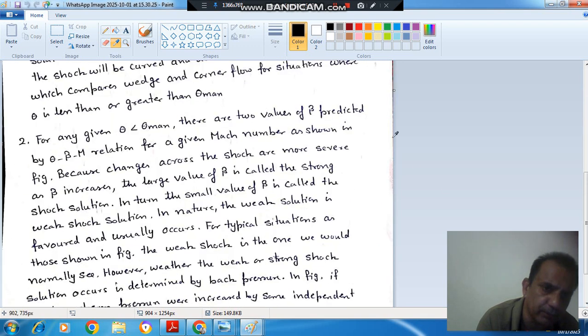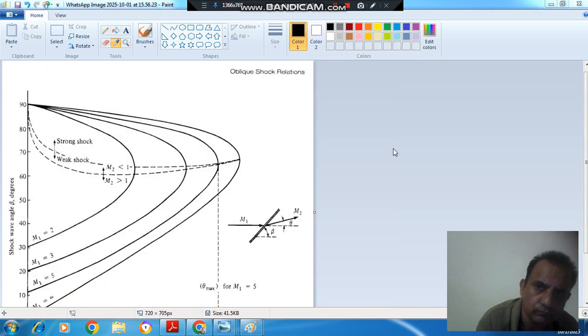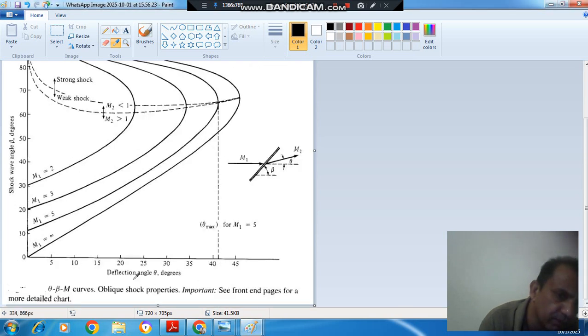Now in the second point, if we take a particular value of theta, suppose 15 degrees, and take a particular value of M1, suppose 2, then we will get two values of beta. One corresponds to this and the other corresponds to this. Here we will get a weak solution or weak shock.